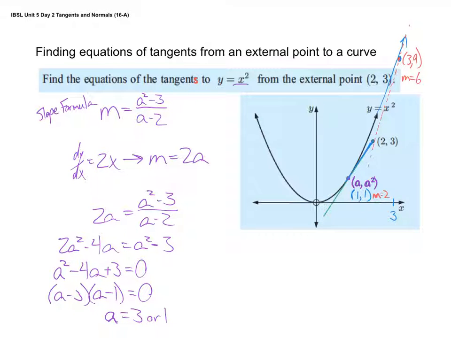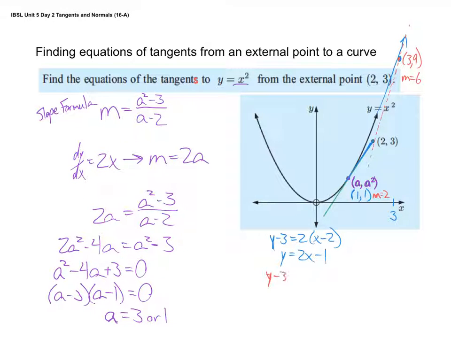So this first one here, the slope is 2. I know I want to hit the point 2, 3, so I'll use that in both. y minus 3 equals 2 times (x minus 2). So y would equal 2x minus 4 plus 3, which is 2x minus 1. Okay? My other line up there hitting at 3, 9 has a slope of 6. So again, I want to hit the point 2, 3.